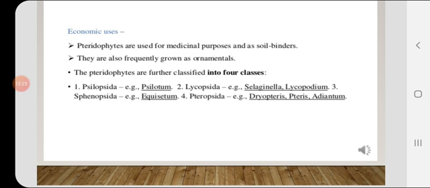Last, Pteropsida has Dryopteris, Pteris or Adiantum. This is the classification of pteridophytes. So here we complete this division, Pteridophyta.